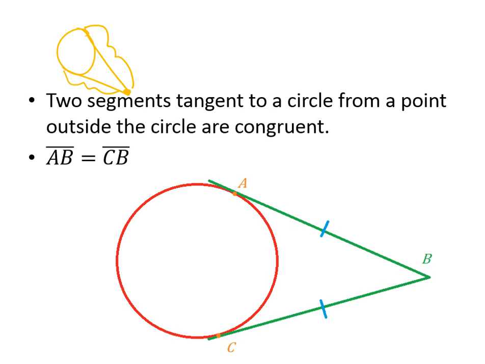If one is 7, the other one has to be 7. If one is 12, the other one has to be 12. That's what this is stating: if tangents meet outside of a circle, the distances from the points of tangency to the point of intersection must be congruent.